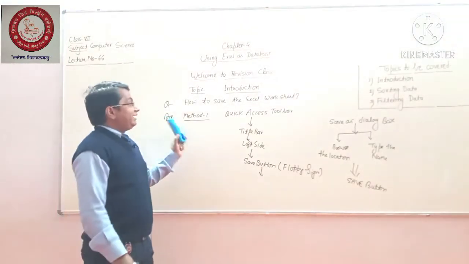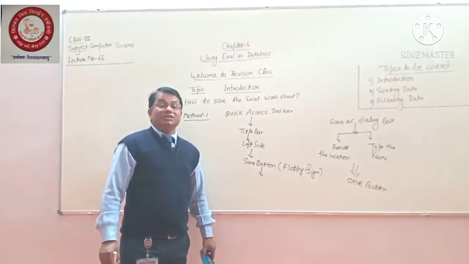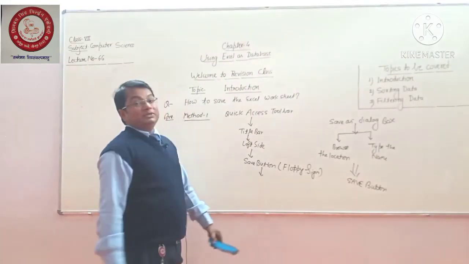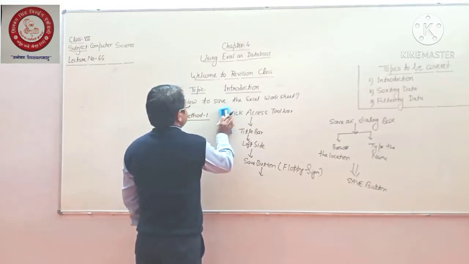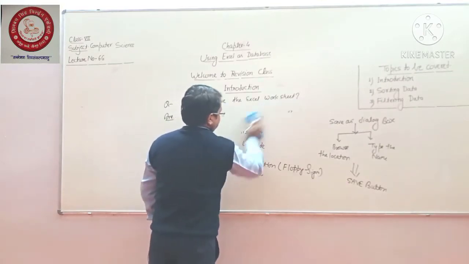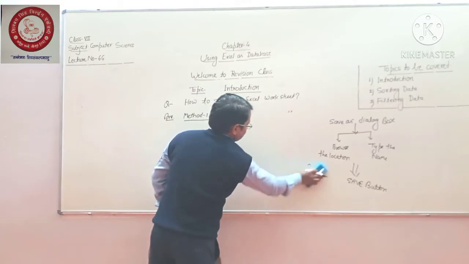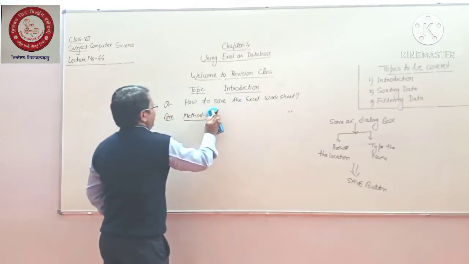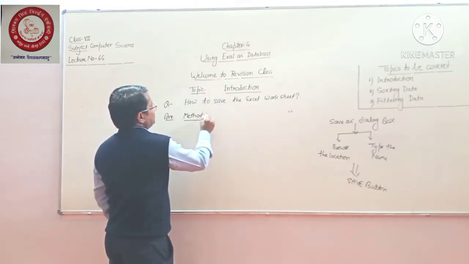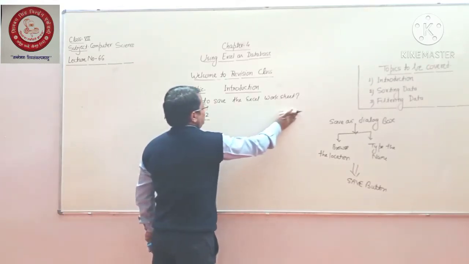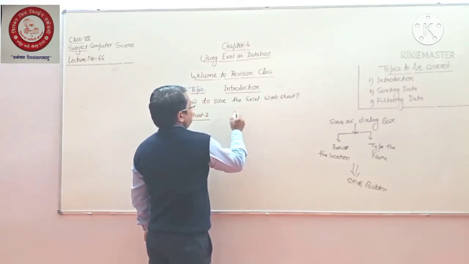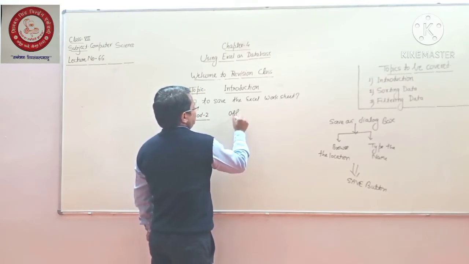Now let's come to method number 2. Let's erase this content. In method number 2, first of all, click on the Office button.